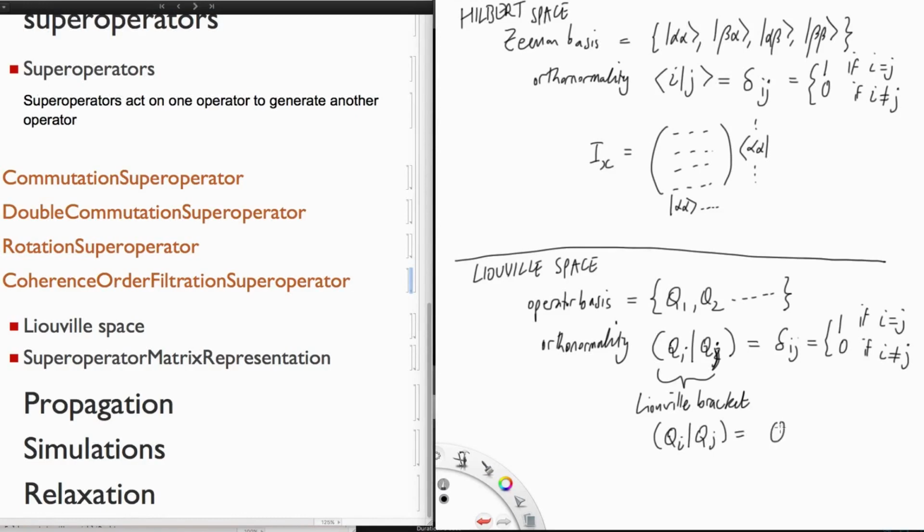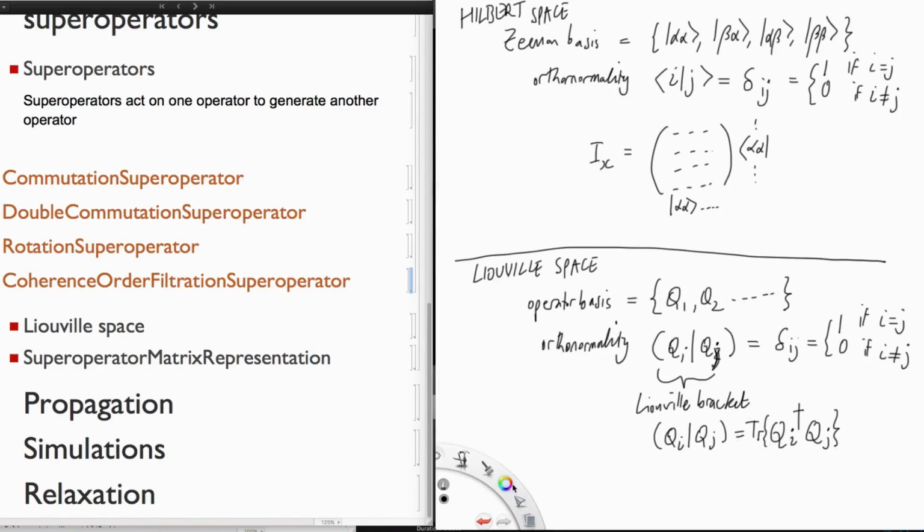What happens is you take the matrix representation of one operator, you do an adjoint operation on it, you multiply it by the matrix representation of the other operator, and then you take the trace.